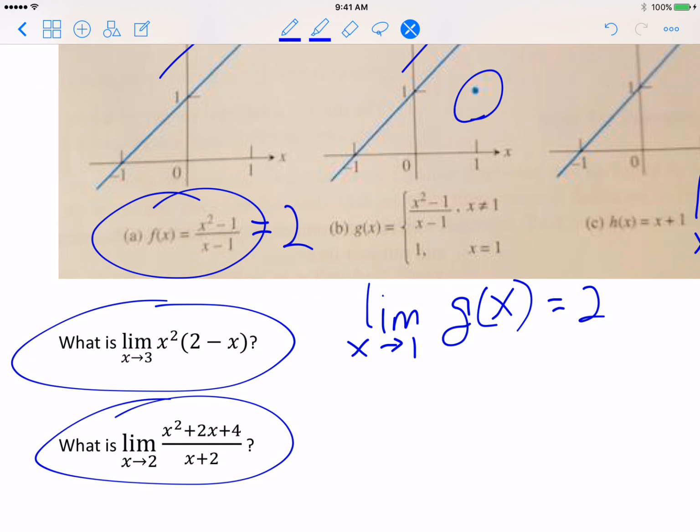You could make this a function, f of x equals x squared minus x squared multiplied by 2 minus x. Graph that and see what the y value approaches from the left side and the right side as the x value gets close to 3. Same thing with this one. Try to do this graphically, and then we'll talk about it.